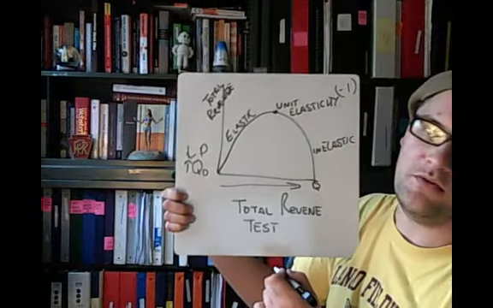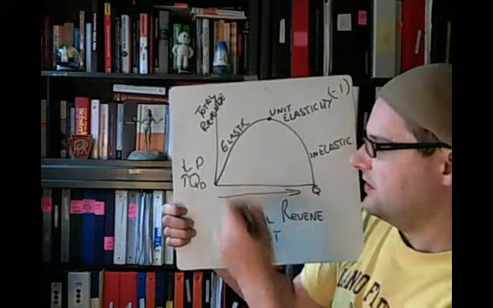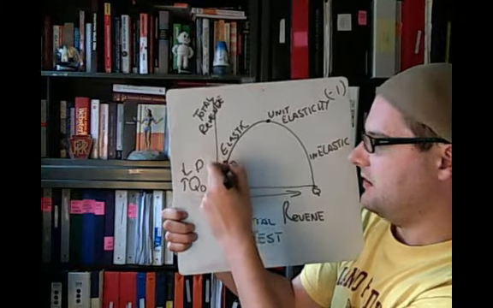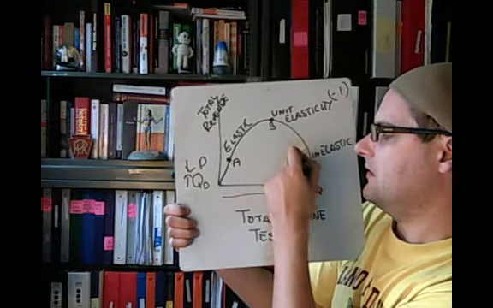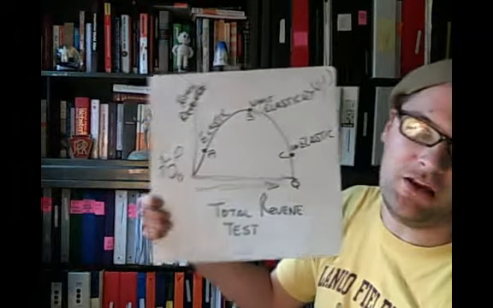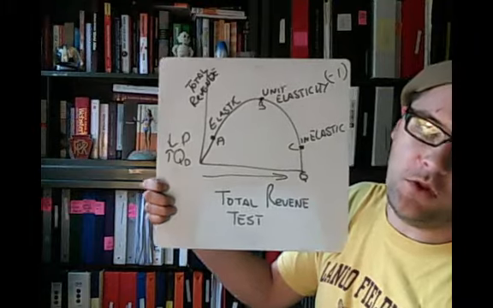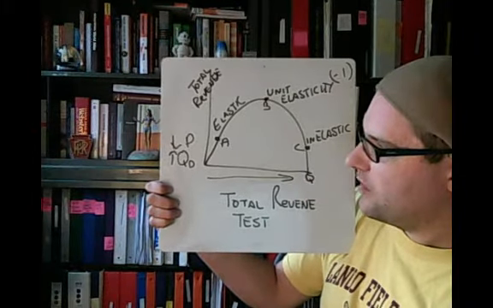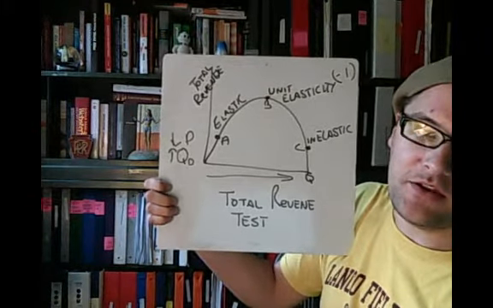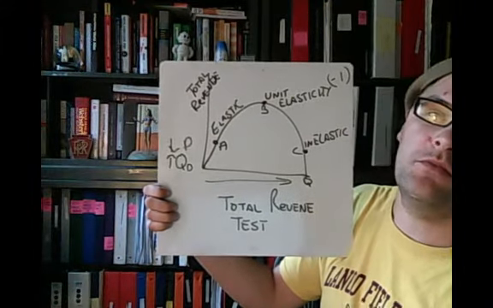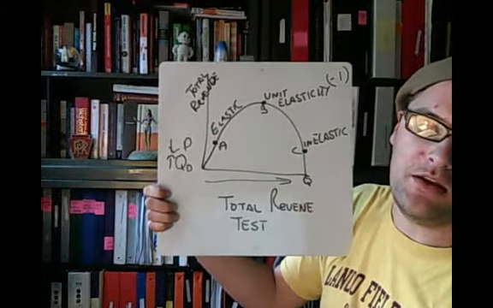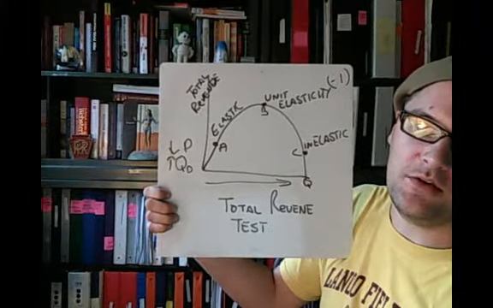So the question when you're reading this total revenue test is, let's say I'm right here, A, B, and C. And the question would be, at point A, should I lower the price? Well, at point A, if that's where your firm is in terms of elasticity, in an elastic region, then you would likely recommend that your manager should increase the price.